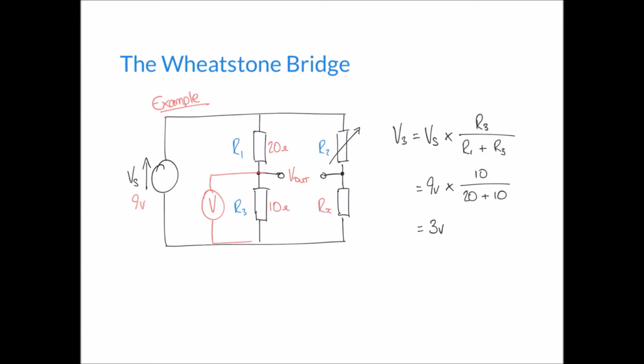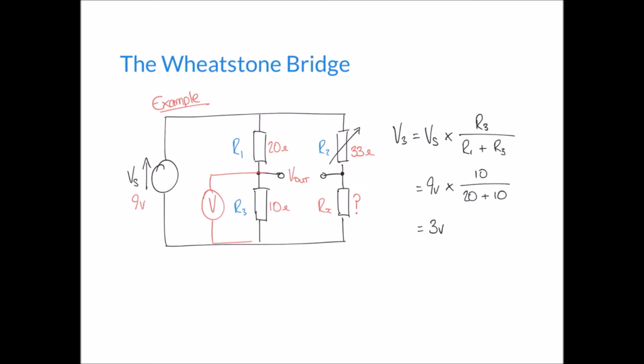We've done some back and forth with our variable resistor, and eventually we've got that V out to be 0, and that's happened at a resistance of, let's say, 33 ohms. And so the question is, what is Rx?